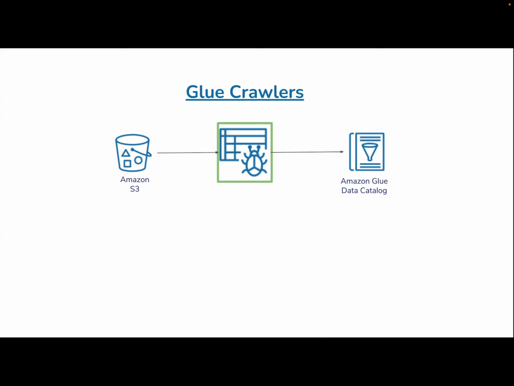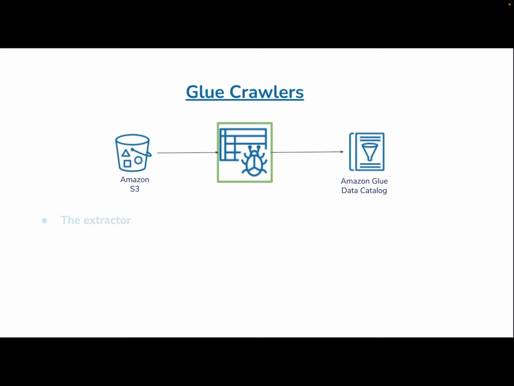Okay, next let's understand the Glue crawler. As you look at this screen, the AWS S3 bucket is being crawled by the Glue crawler and loaded into the AWS Glue data catalog. The crawler is nothing but an extractor.